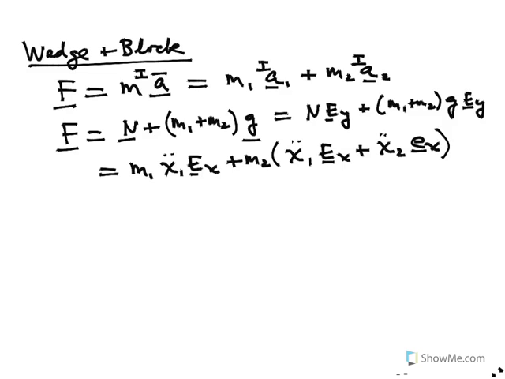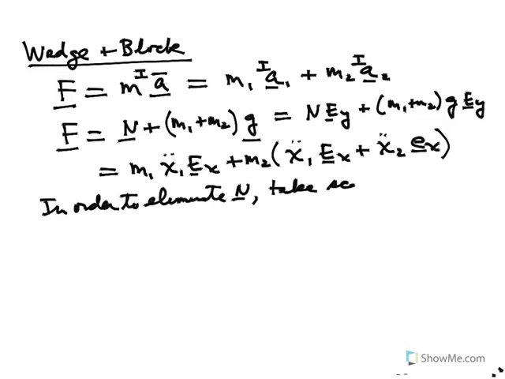In order to eliminate N, take the scalar product in the EX direction. So what does that mean?